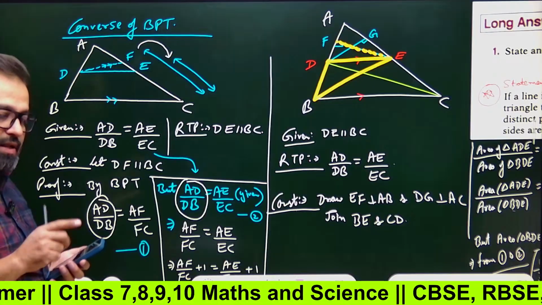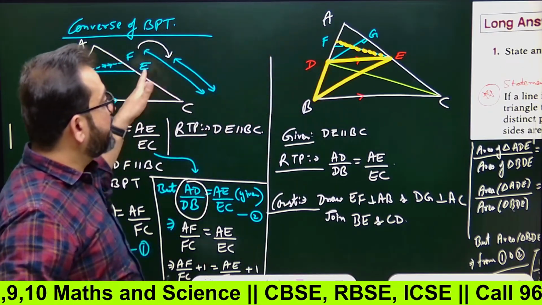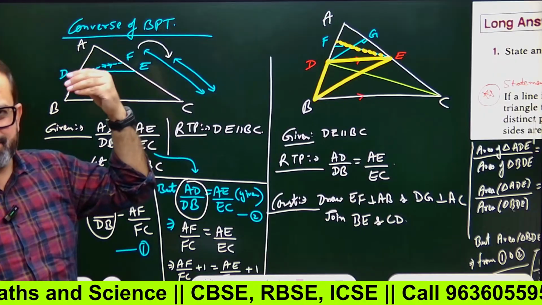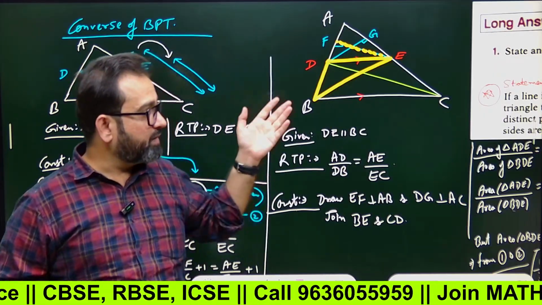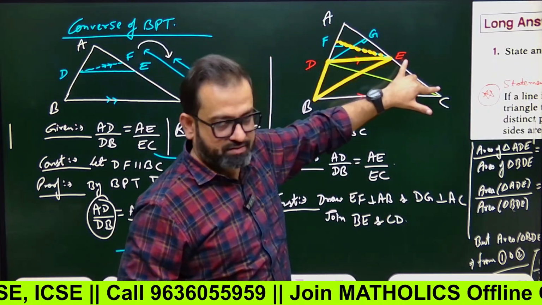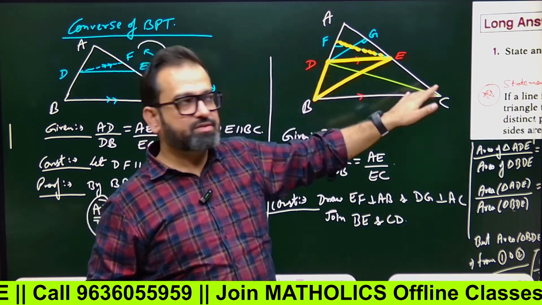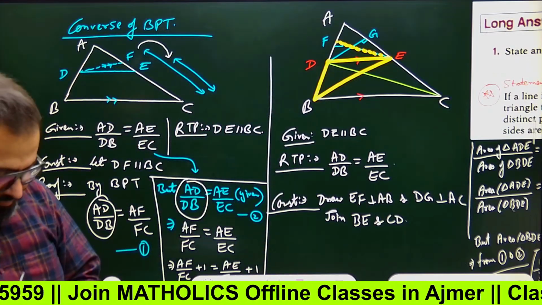Tell me, got this point? What is converse of BPT? Just opposite of this. And these both can come in exams. 5 marks, 4 marks at least. Section D, one BPT and one its application. This is given, this is given, this is given, find this. So this upon this, we can find this one. Right? These type of questions can come as it is.